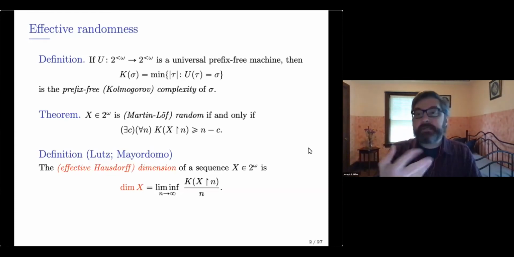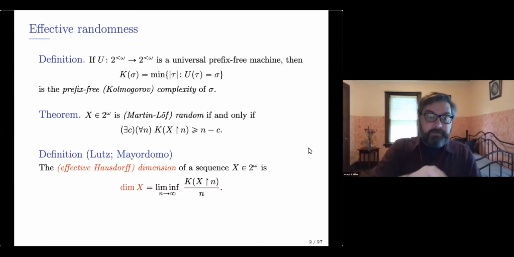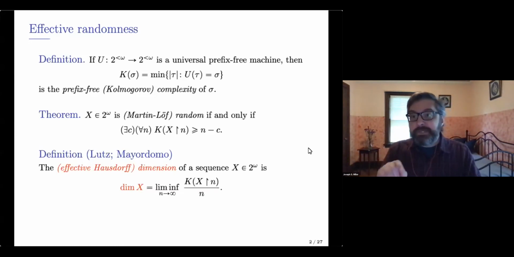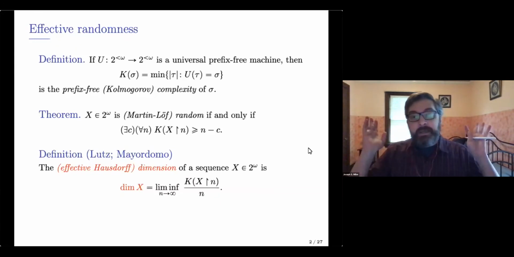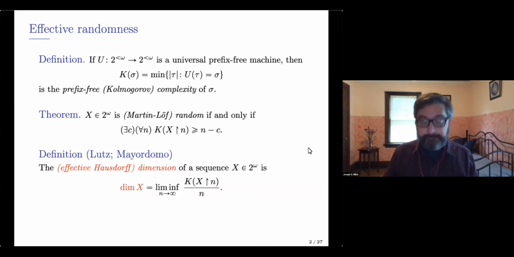You could use plain complexity, you could use monotone complexity, because all of those differ by a logarithmic term. The only place where it matters that we're using K is the characterization of Martin-Löf randomness. Because we're going to be ignoring log terms throughout the rest of the talk, there's not a single time later on where the precise details of Kolmogorov complexity are going to matter.